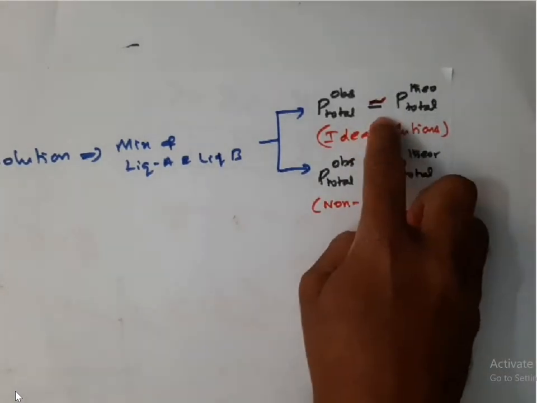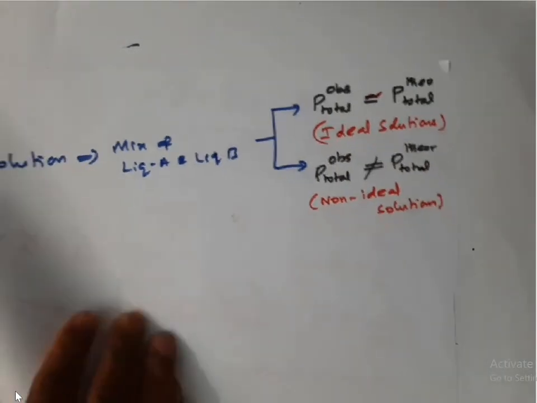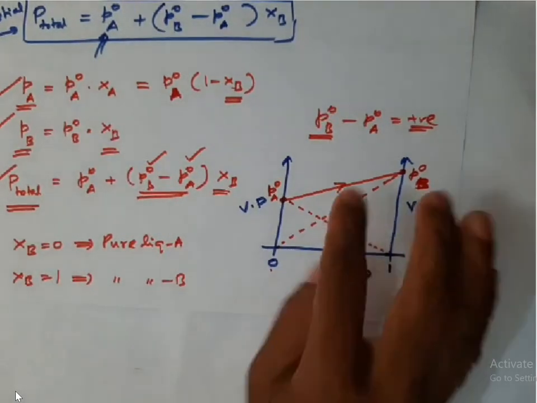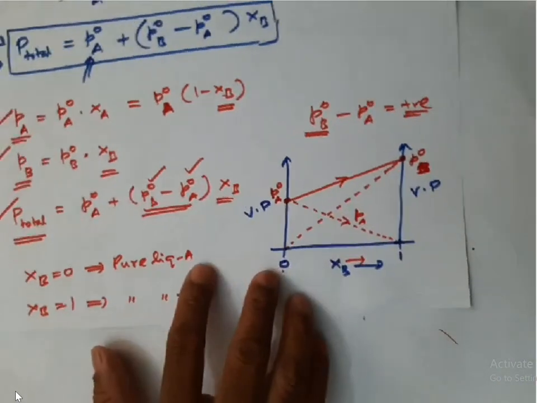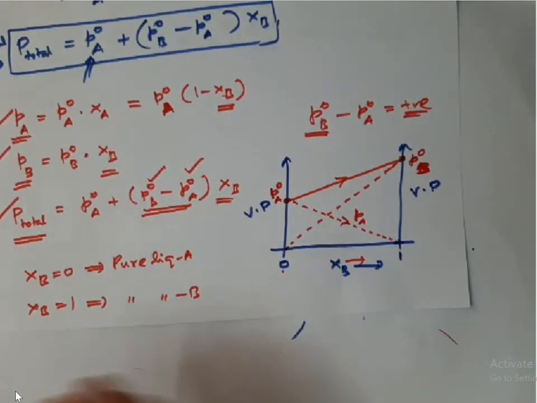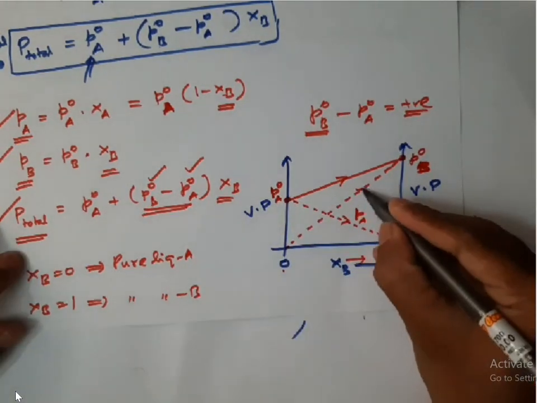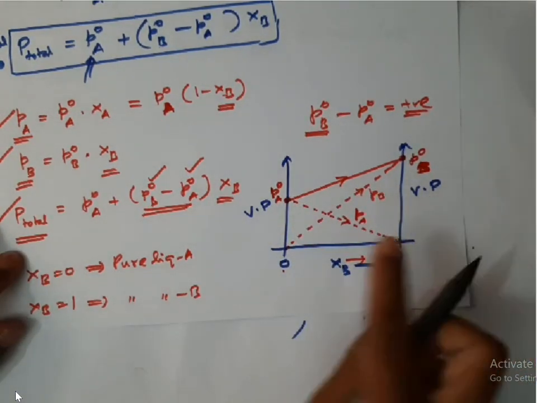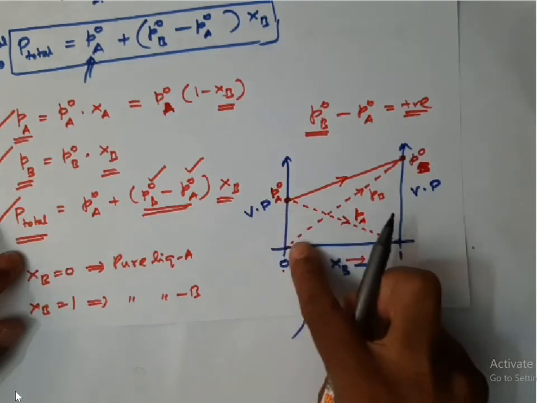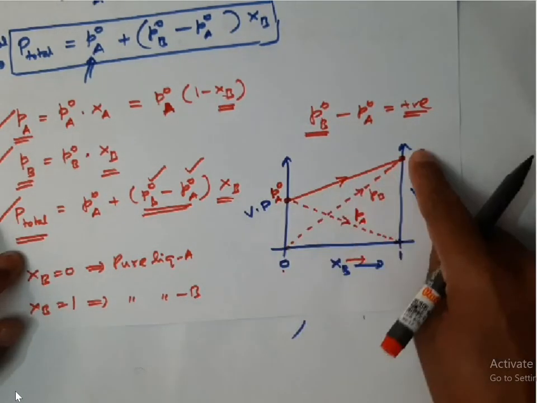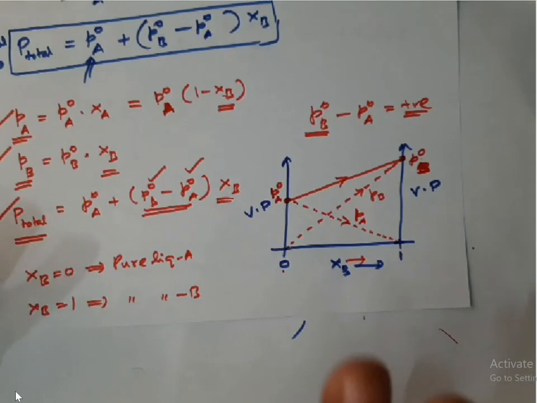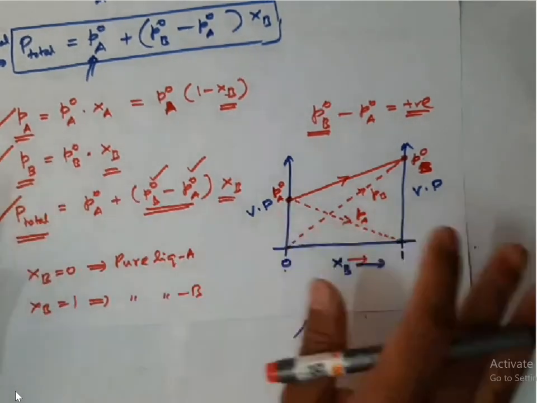If the solution is an ideal solution, I will get exactly the same type of graph. I will get straight lines for PA, for PB, and for total pressure also, if the solution is ideal.